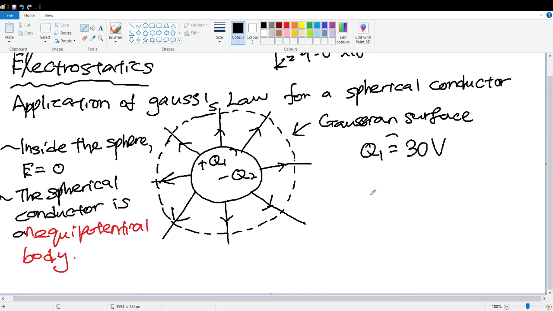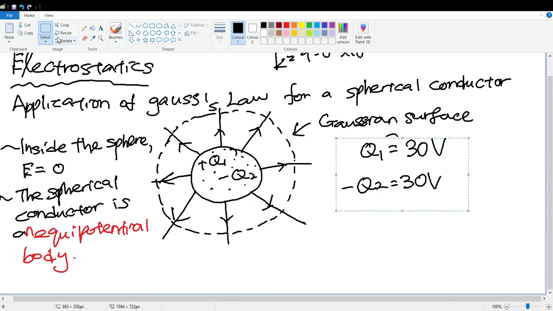As for the negative Q2, it is 13 volts as well, since every point in this spherical conductor is the same. Sorry, it should be 30 volts. So every point in this spherical conductor is 30 volts.